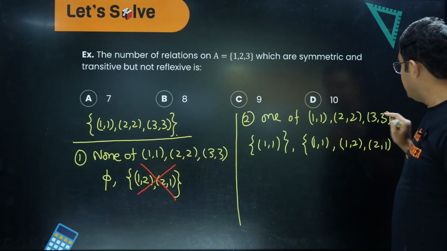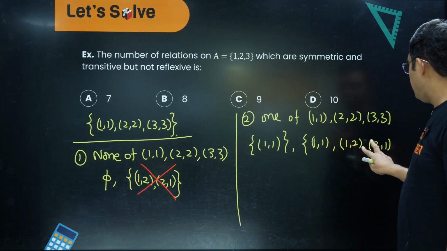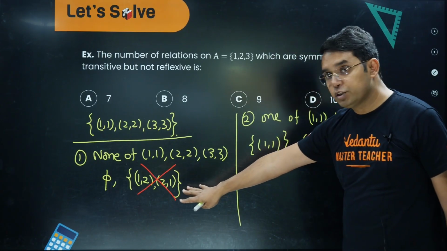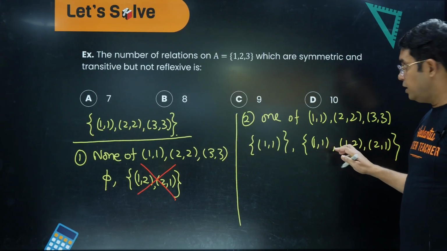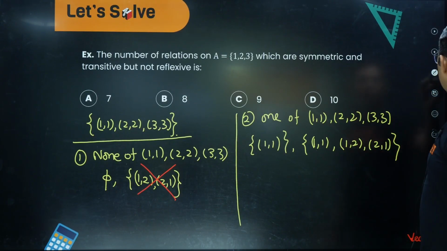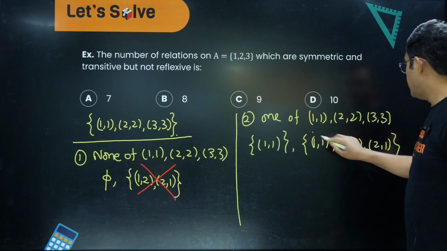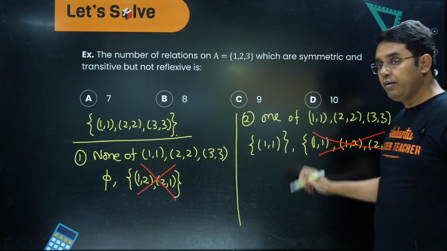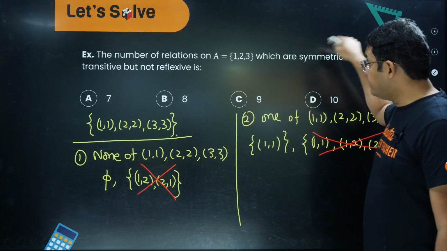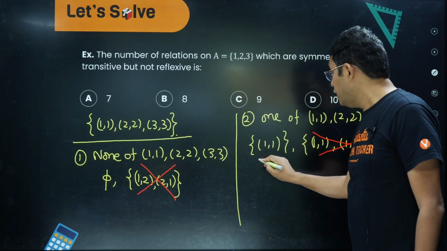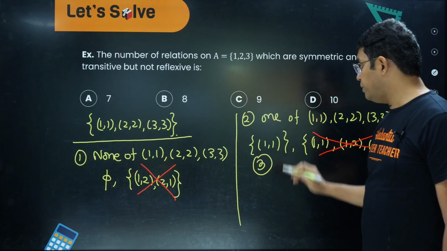But to make it transitive, I will need 1,1 and 2,2 both. Same logic which I gave you here. So with only 1,1 and not having 2,2, we cannot have this relation be transitive. So only 1,1 or 2,2 or 3,3 type relations will be symmetric and transitive but not reflexive. So the total number of relations will be 3 here.